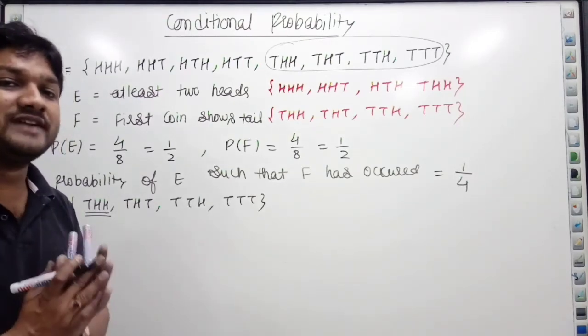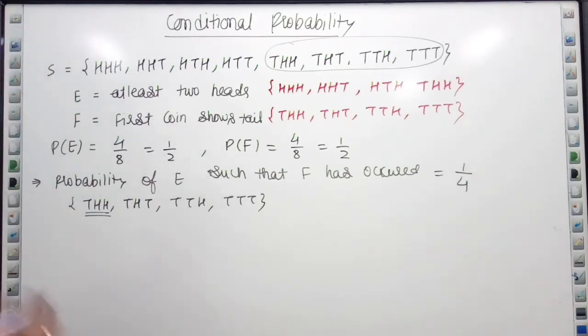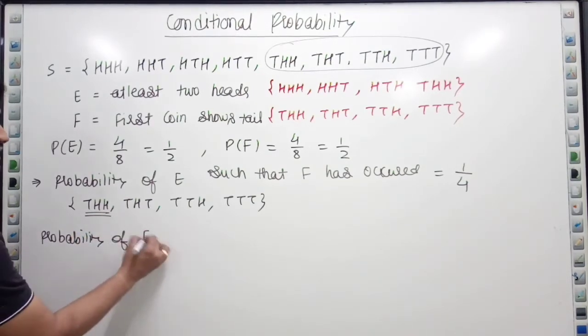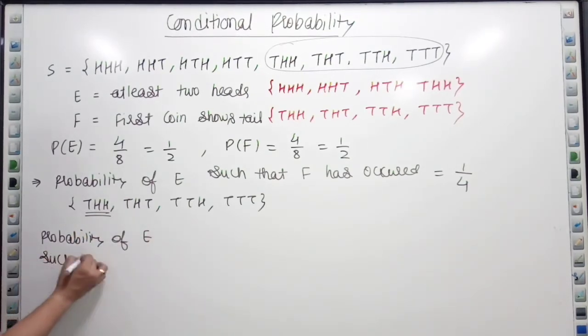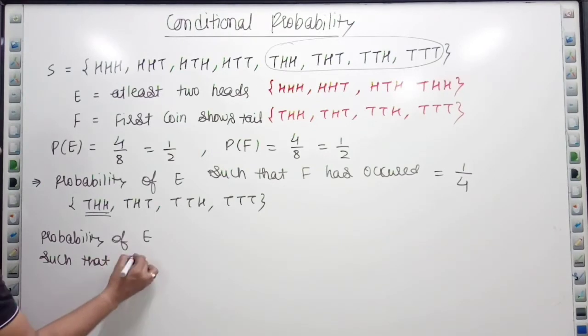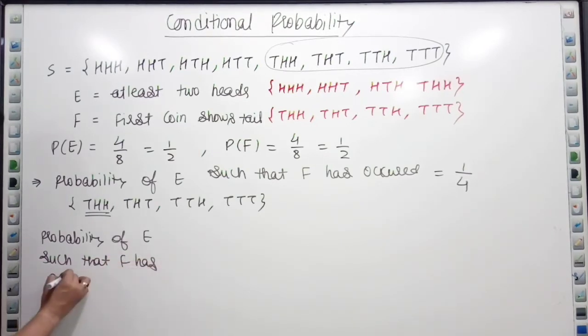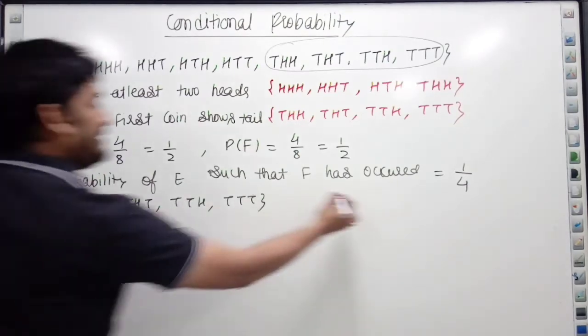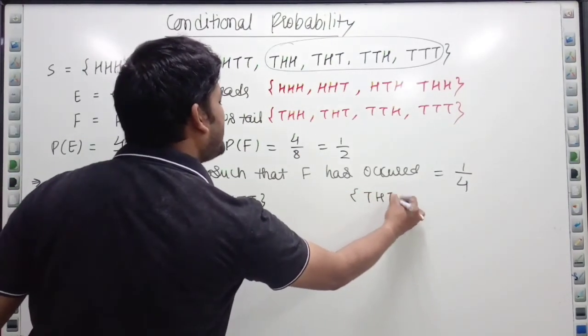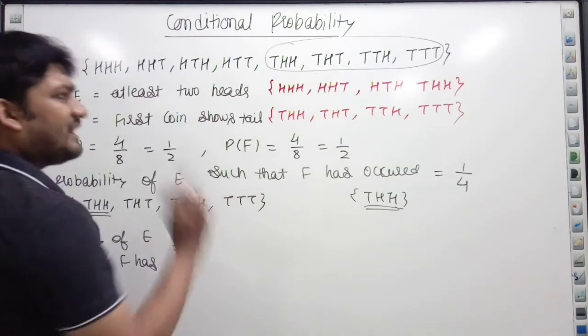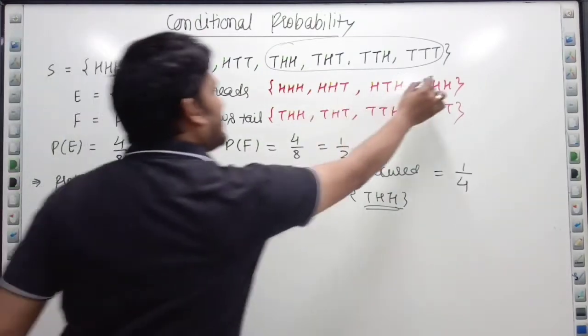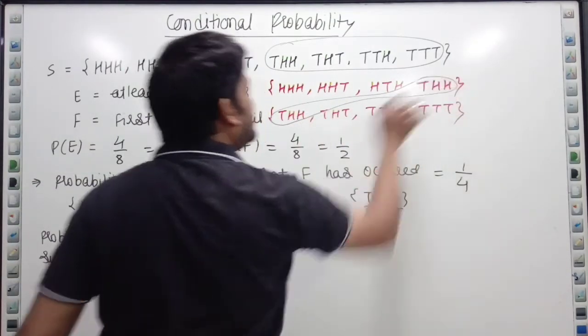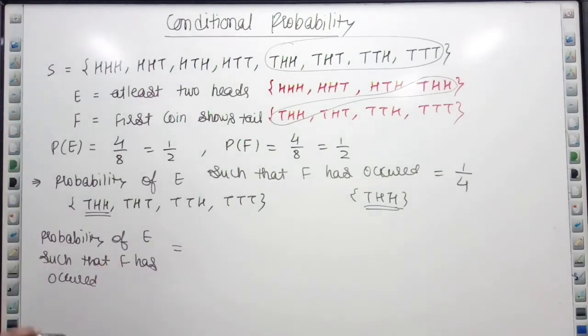Let's also understand this by writing the formula. Probability of E such that F has occurred. What have we written? THH is favorable. What is THH? Can I say THH is the common element of these two events, E and F?